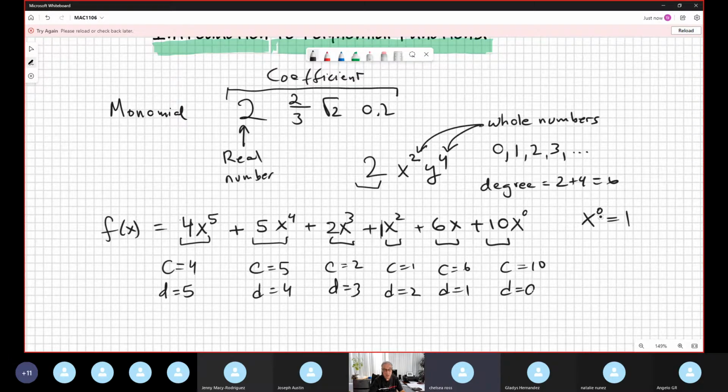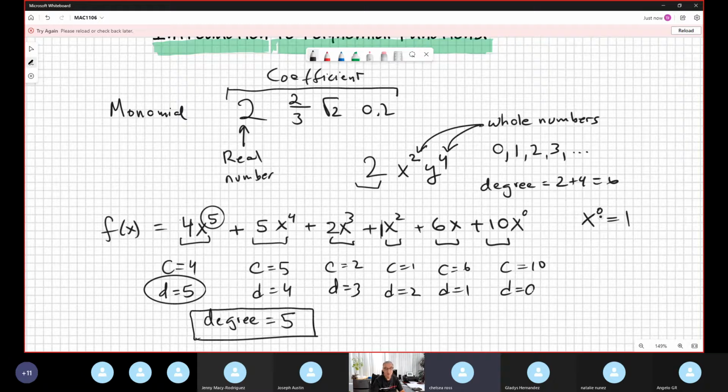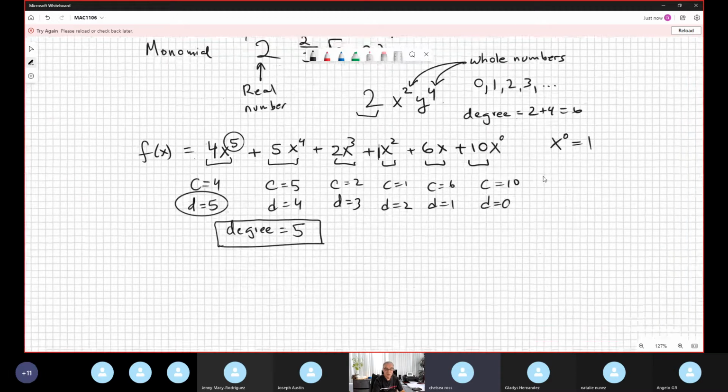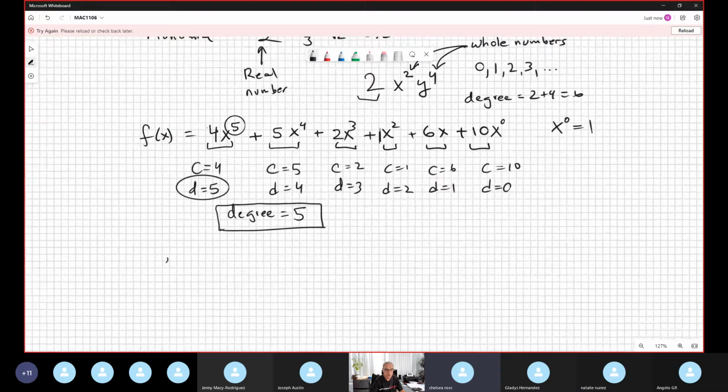Cool? However, what is the degree of the entire polynomial? It's the highest one. It's 5. For example, suppose you have a function like 30x to the minus 2 plus 50x to the 3 over 4.